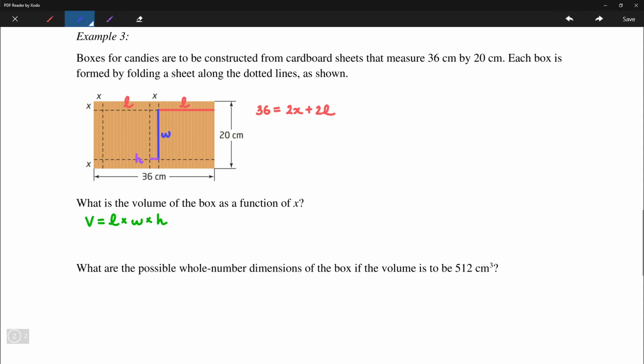The width is similar. 20 is equal to 2x plus the width, w. And finally, the height is just x.